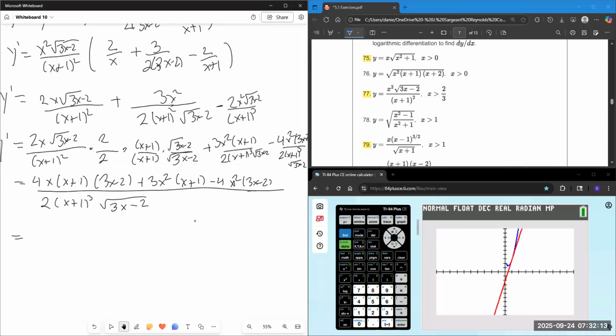So no more roots in my numerator. So let's see if I can do anything here.